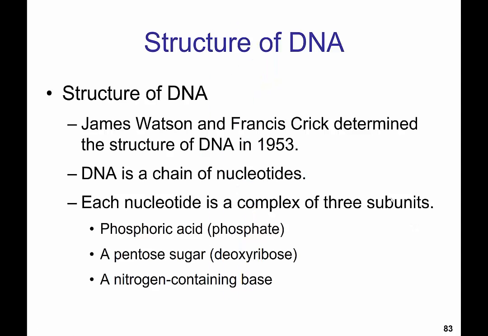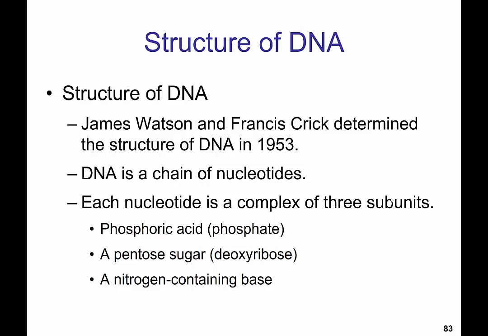The structure of DNA. James Watson and Francis Crick had several puzzle pieces as they determined the structure of DNA in 1953. They knew that DNA was a polymer of nucleotides and that each nucleotide is a complex of 3 subunits.